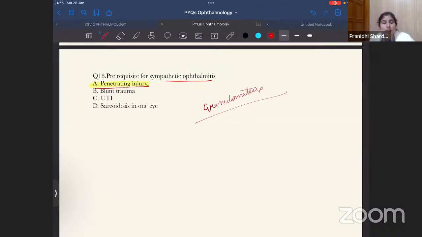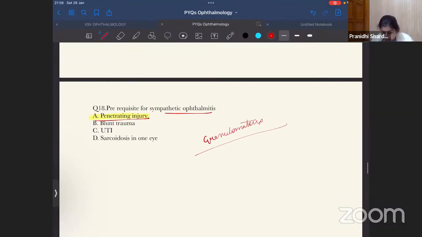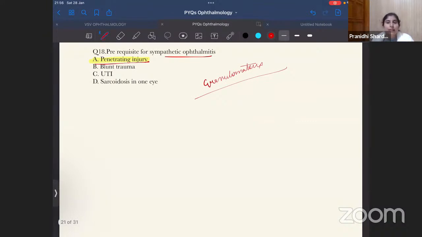So the eye has identified the antigens, and it will act against the uveal tissue of the other eye. Both of the eyes will develop granulomatous uveitis. So the prerequisite is penetrating injury.